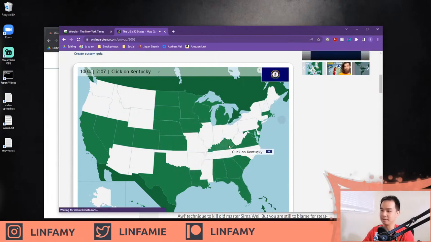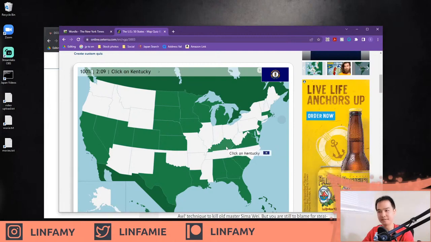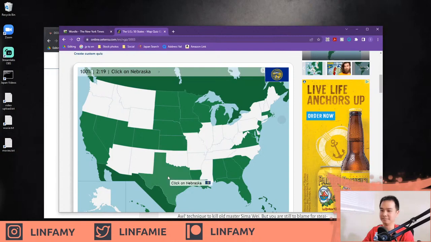Kentucky. This is Virginia, right? Okay. Nebraska. This weird little guy is Nebraska. Or is it this? Oh, what is this? It's Nebraska. For 100%, guys.